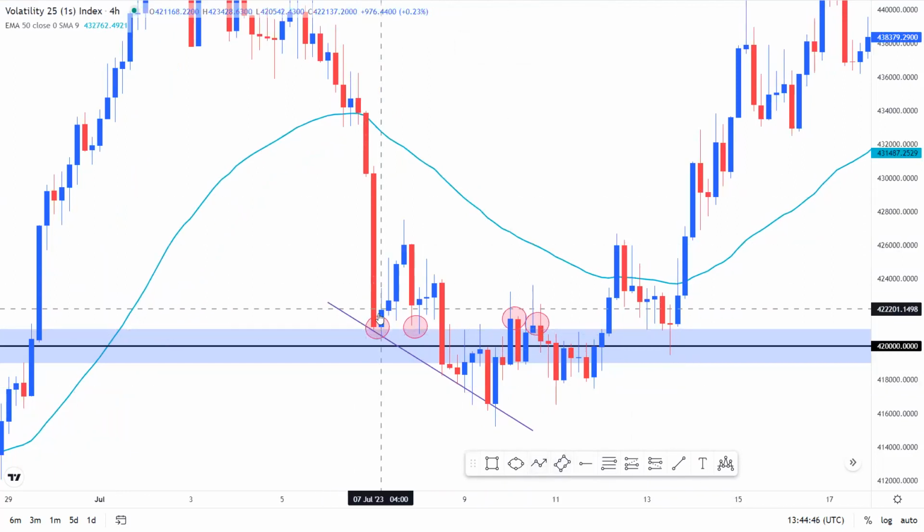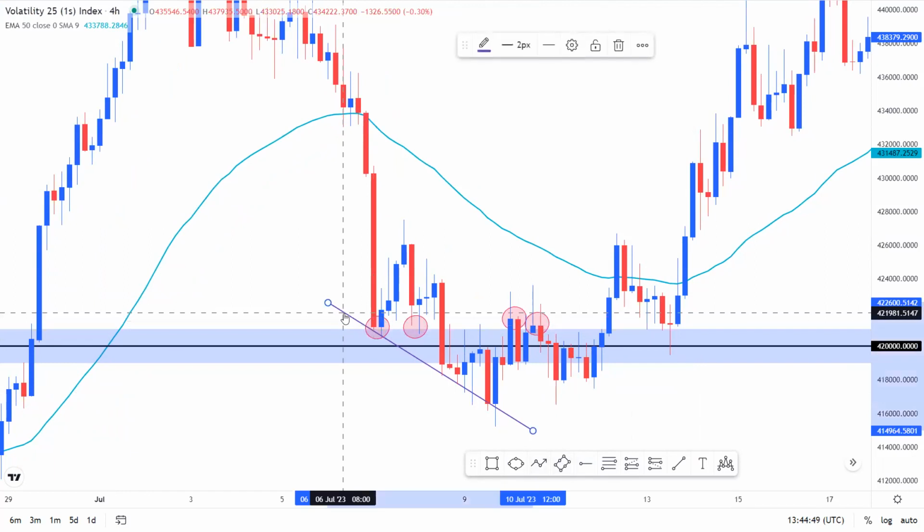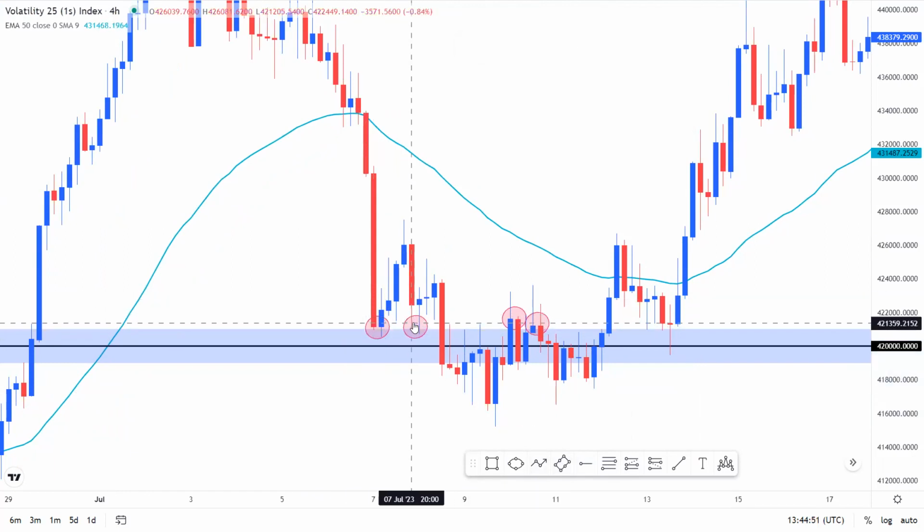As you can see, we had price come into this level right here and it acted as a support on 2 occasions.